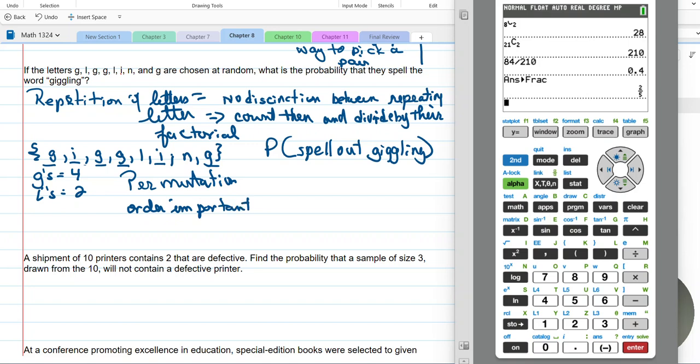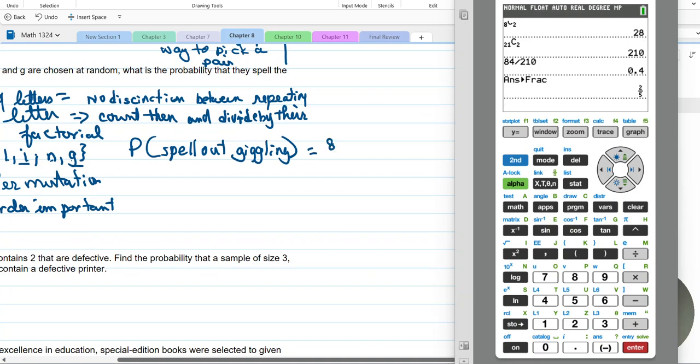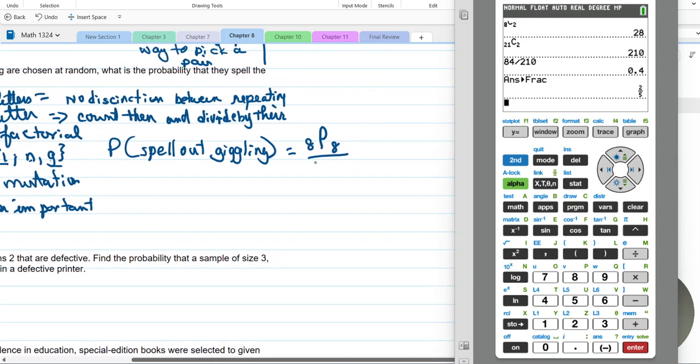So what we have here is how many? 1, 2, 3, 4, 5, 6, 7, 8. We have 8p8 as the total number of arrangements with the letters. And we're going to divide by their repetition, which is 4 factorial times 2 factorial. All right. So in this case, we're going to do the multiplication and get what we need.